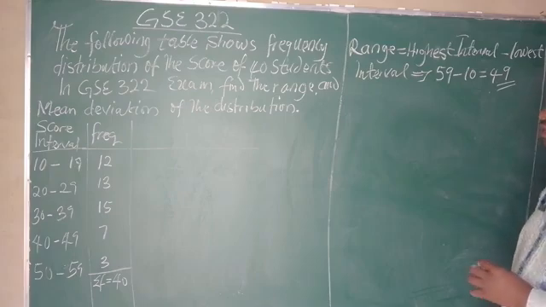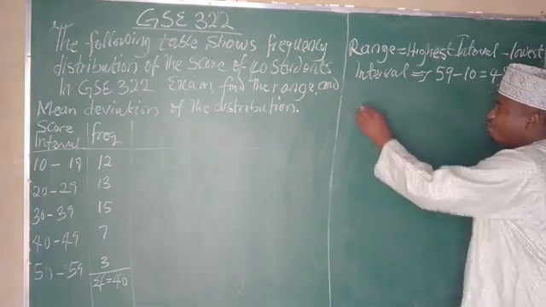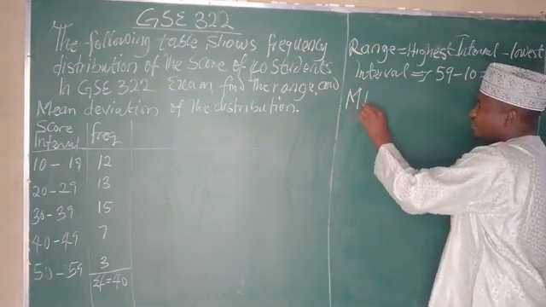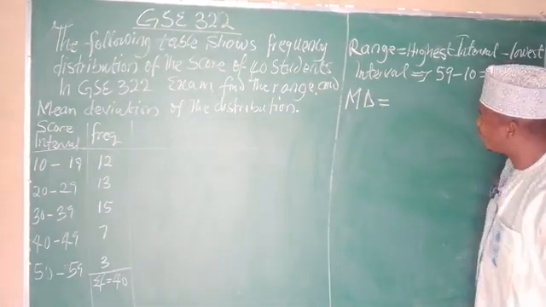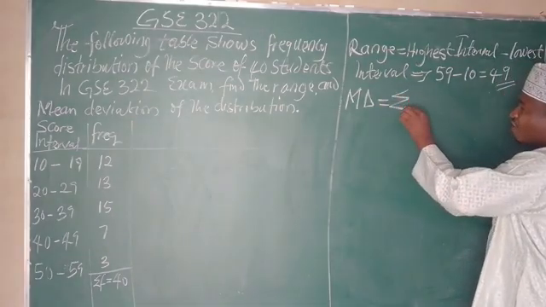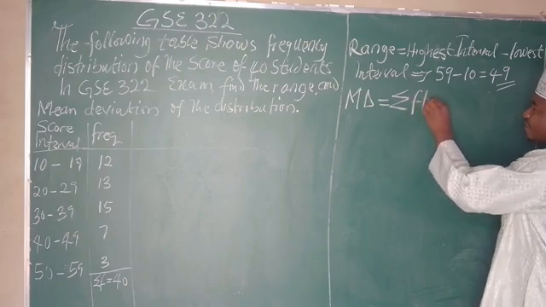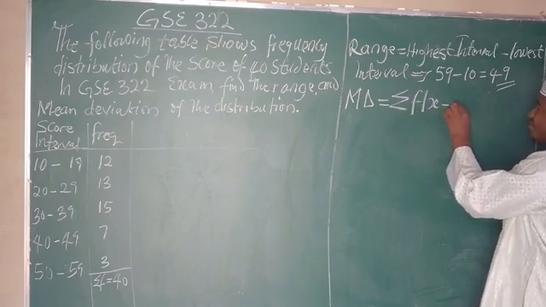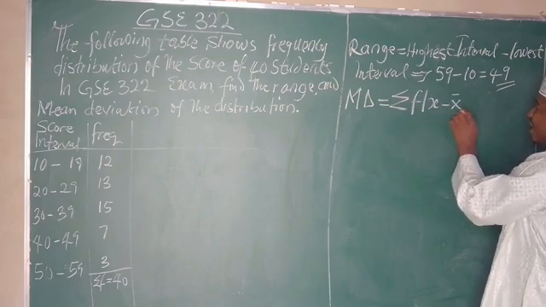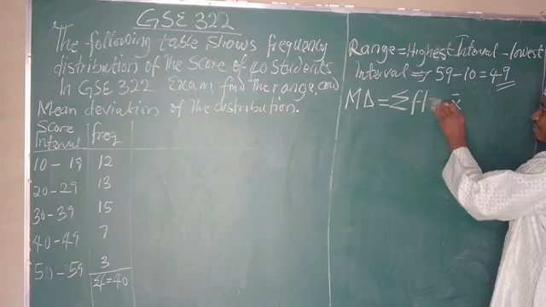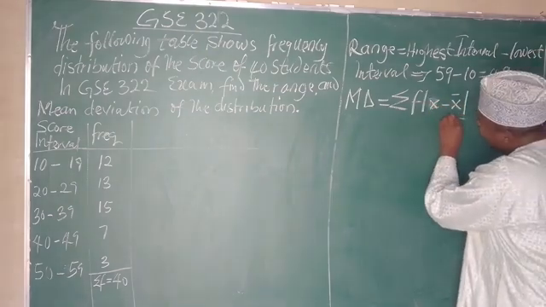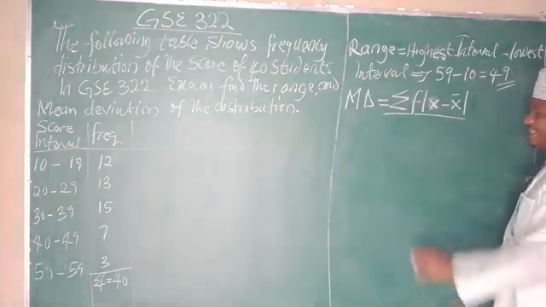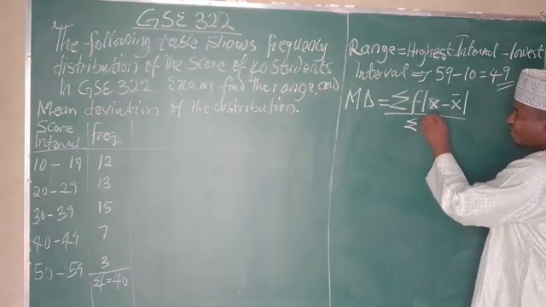First, we have to drop the formula for mean deviation. Mean deviation, we write it as MD, equal to summation of f times the absolute value of x minus x bar, then divided by summation of f.